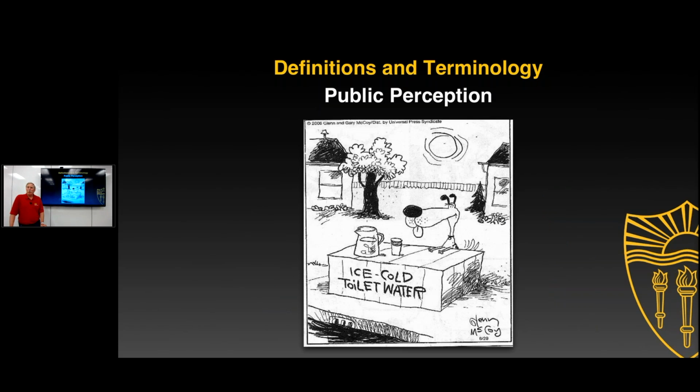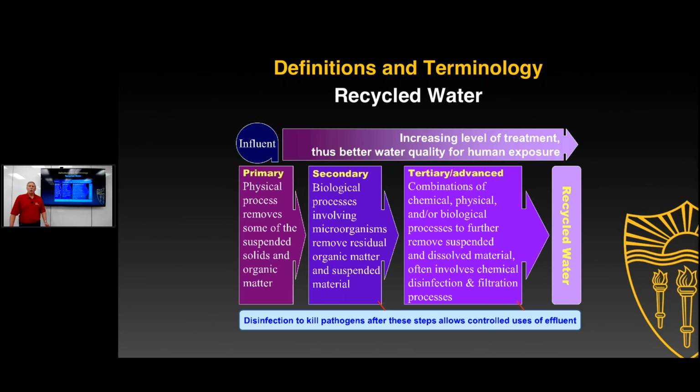Again, sometimes we can find that public perception is an uphill battle for many of you, as I'm sure you've found when trying to implement recycled water and gray water systems, and of course with cross-connection control work, we find that people don't always understand clearly. When we're dealing with recycled water, again, the public's perception is what is really going on.